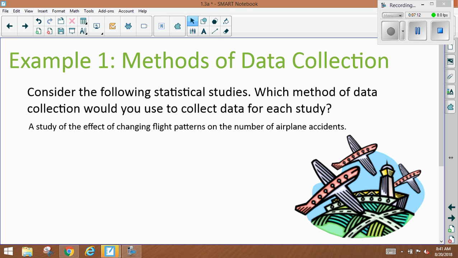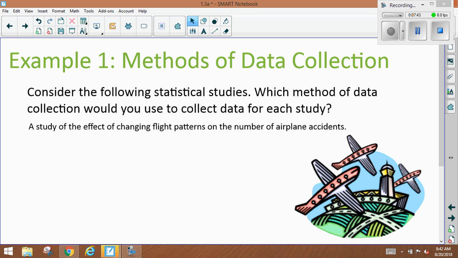Yeah, a simulation will work. I mean, you could do an observational study, but there's probably not a lot of data points out there, right? It's an awesome thing that planes don't crash very often, right? So it would be hard to sort through all the data, figure out which plane crashes were the result of changing flight patterns.